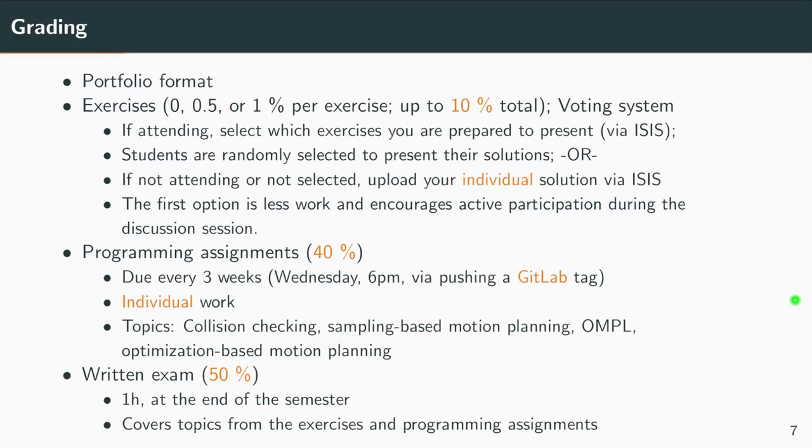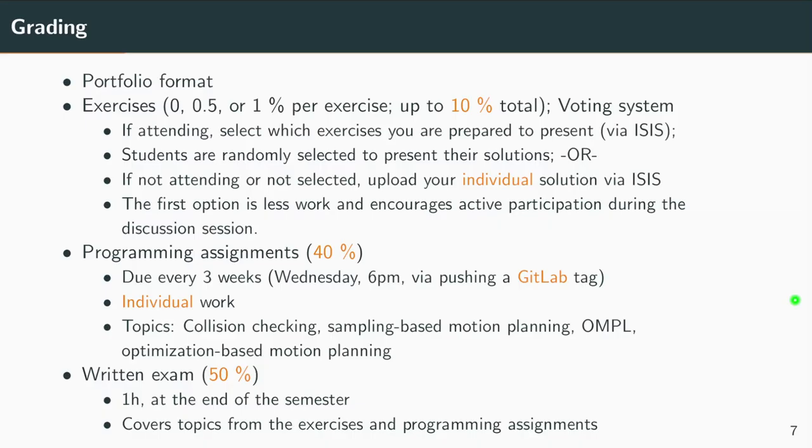Then grading. So I already said it's this portfolio style format. Maybe the exercises are the most unusual thing that we will do. So this semester we will try to do a voting system that you might have seen from Professor Toussaint's classes, like optimization algorithms or robot learning.